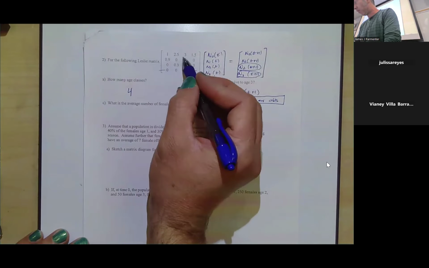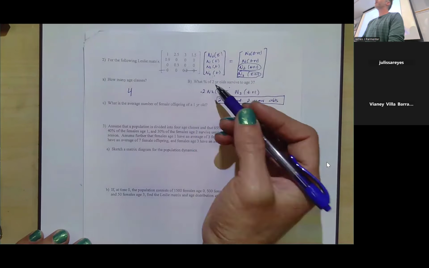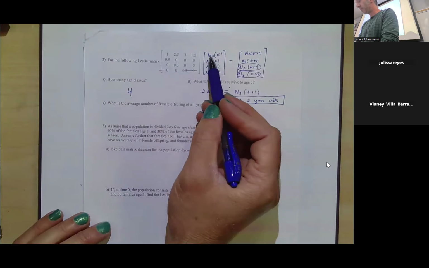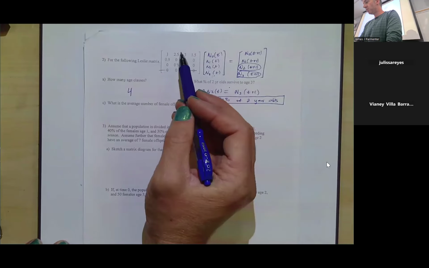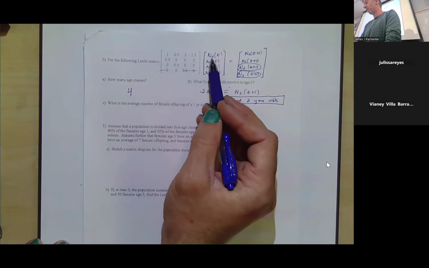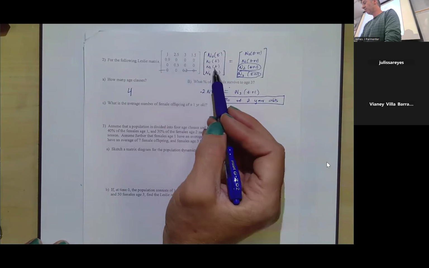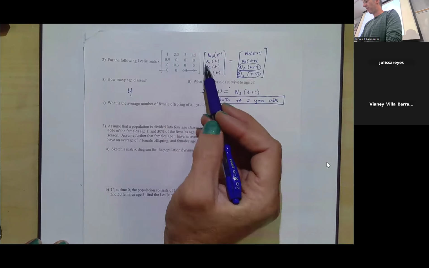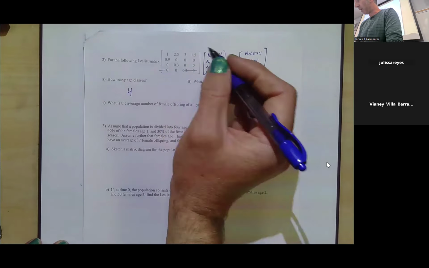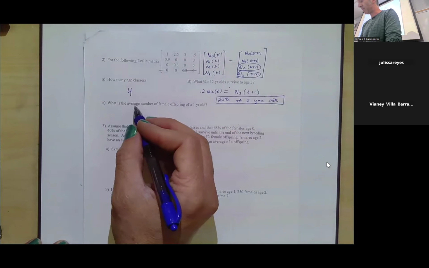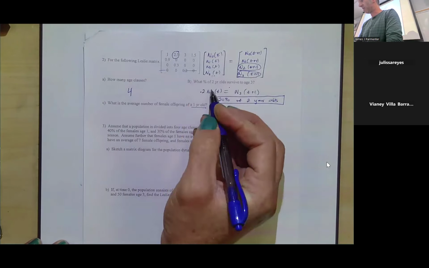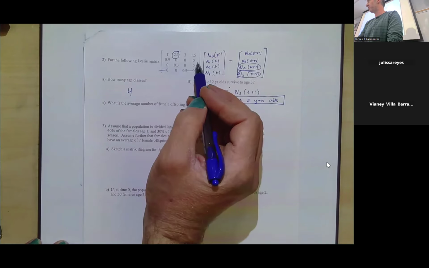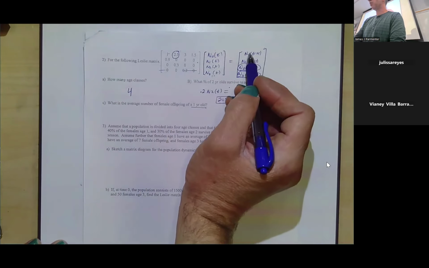If we do this first row multiplied by this only column, it's going to be 1 times N0, meaning the 0-year-olds are producing one offspring on average. 2.5 times N1, so the 1-year-olds are on average producing 2.5 offspring. 3 times N2 and 1.5 times N3. So if we're asking about the average number of female offspring a 1-year-old produces, that's going to be 2.5, because the 2.5 is multiplying the number of 1-year-olds to give you 0-year-olds next year.